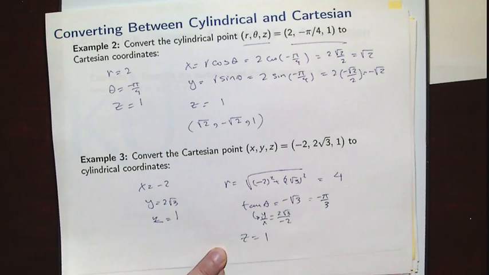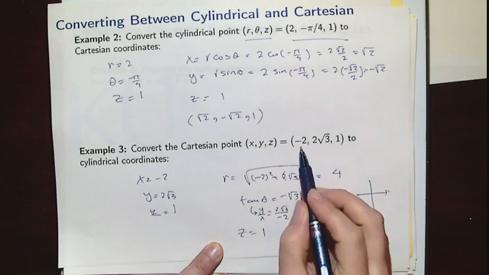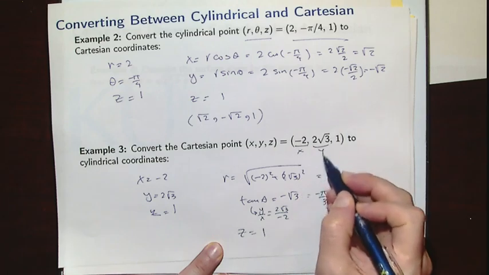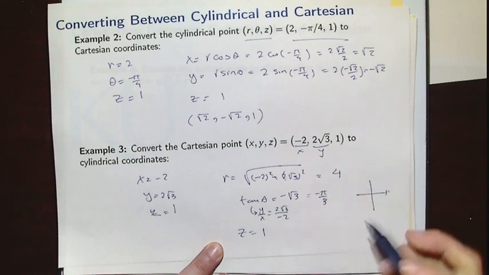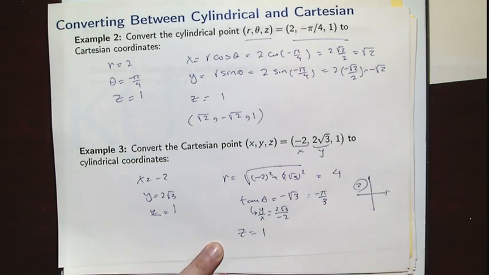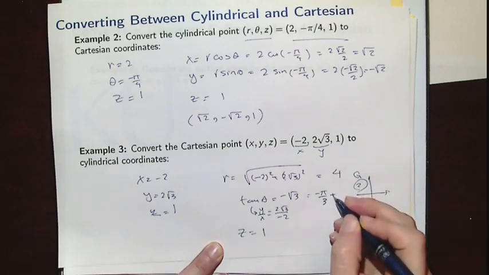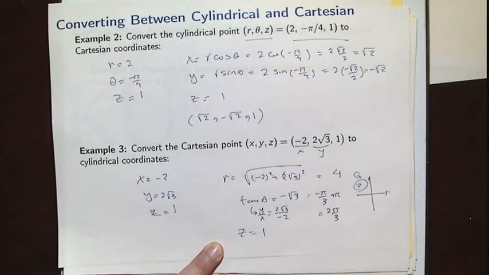Here's a little problem. What is the problem here? According to x being that and y being that, which quadrant am I in? I'm in the second quadrant. And so this is not a second quadrant, so I add a pi to be in the second quadrant. 2 pi third.